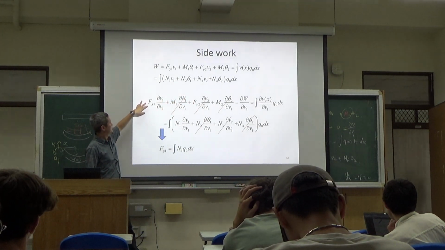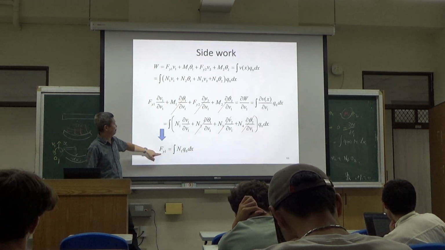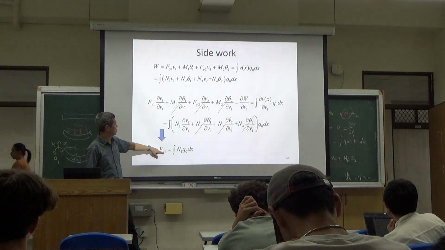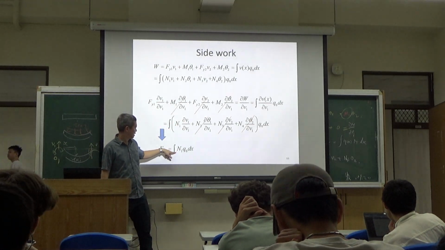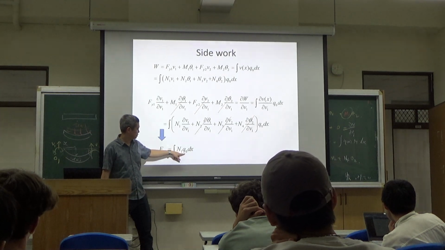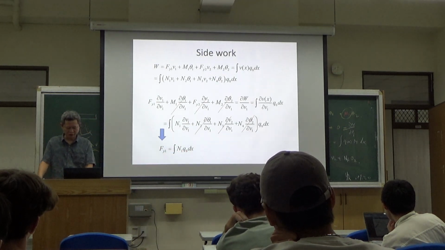If you now do partial differentiation with respect to V1, then you get the force at Y1. And then on the right hand side, you're only left with shape function 1 times Q0 dx. So in this way, you're able to find F1.